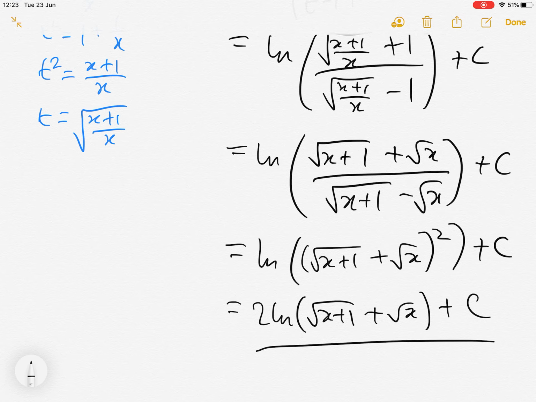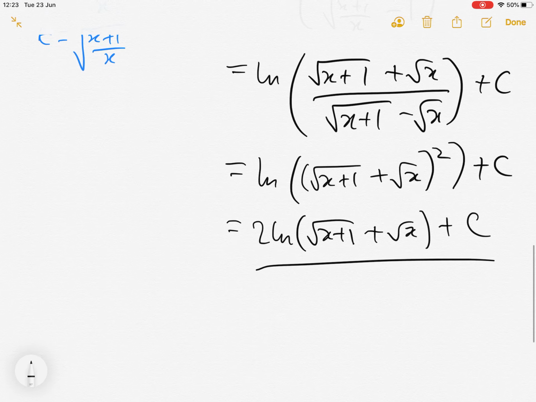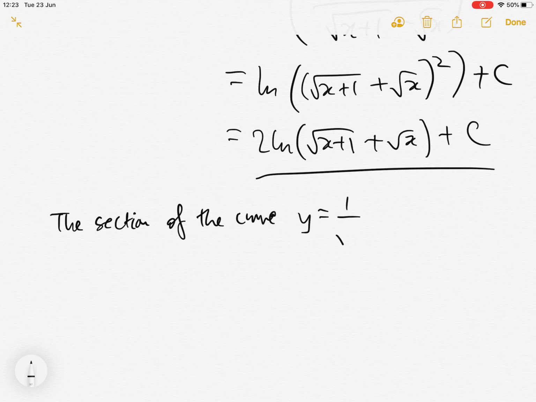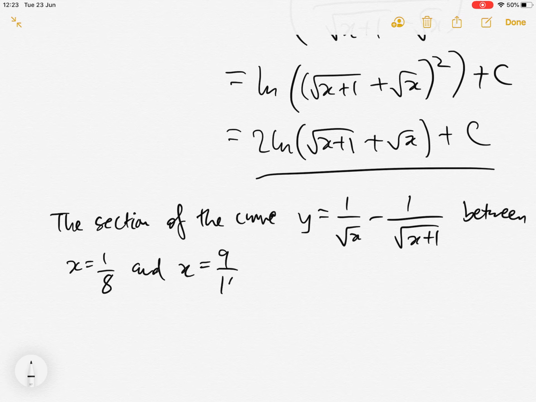And then there was a second part to the question. The second part, let me just find it. So the second part is the section of the curve y equals 1 over root x minus 1 over root x plus 1 between x equals 1/8 and x equals 9/16 is rotated 360 degrees about the x-axis.